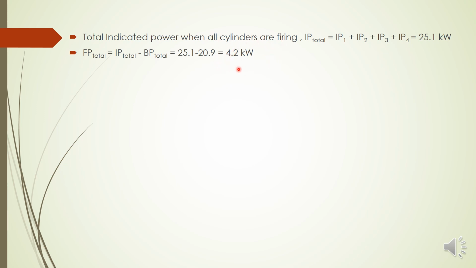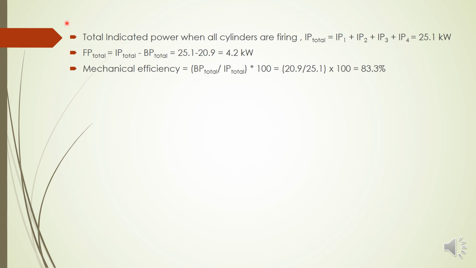Finally, you have to calculate the mechanical efficiency. Mechanical efficiency is the ratio of brake power to indicated power. So it is the total brake power when all the cylinders are running divided by the total indicated power, into 100%. So 20.9 divided by 25.1 into 100 is 83.3%.